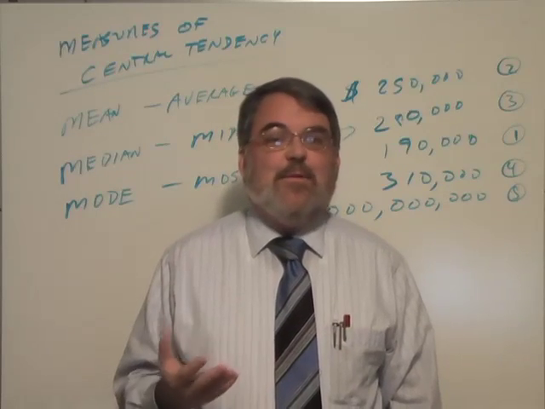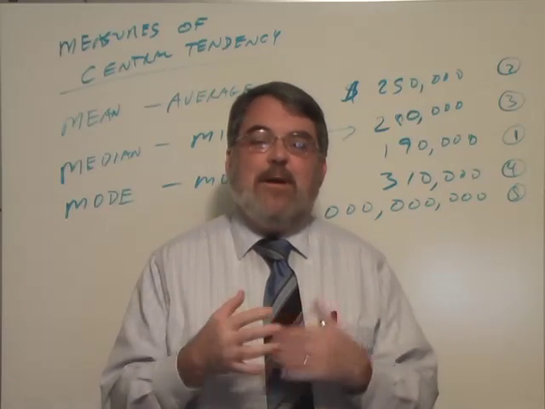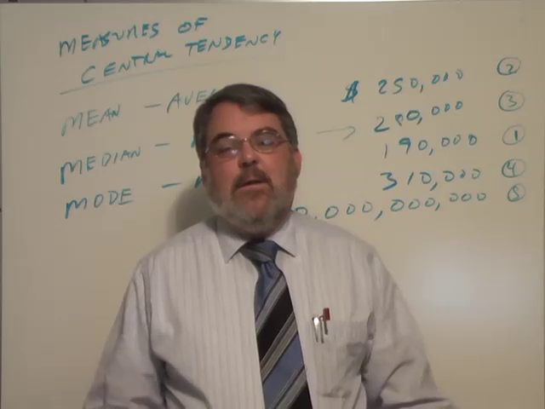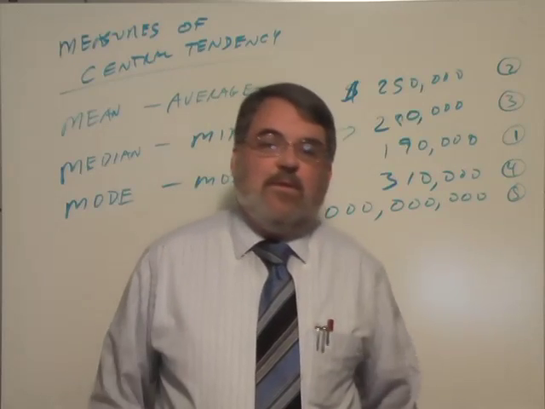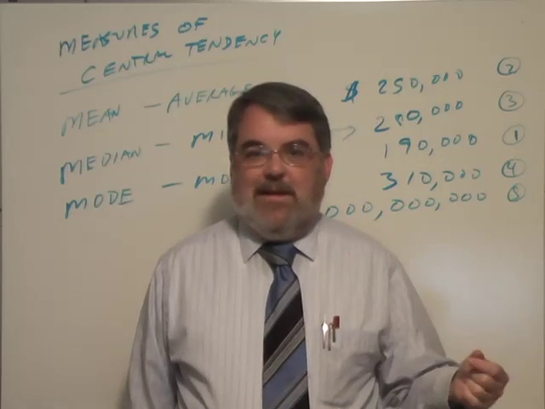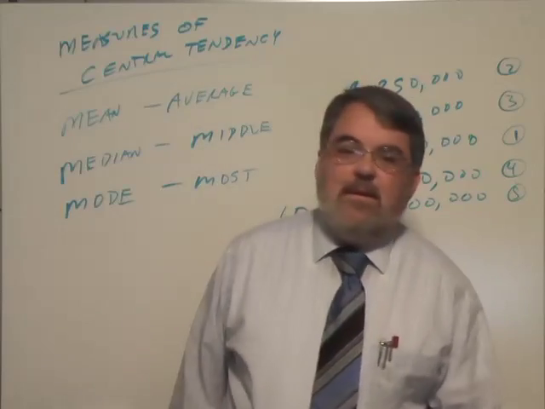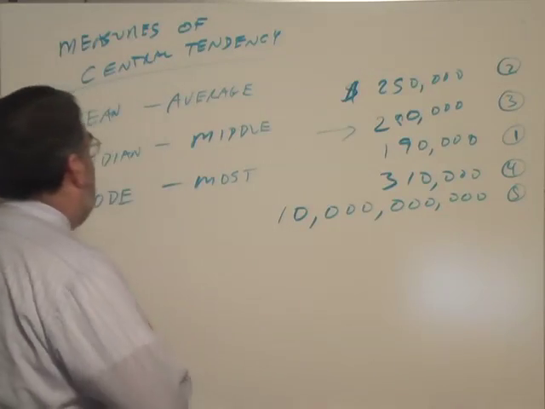It's because there's no formula for median. There's only a process for finding it, but there's no mathematical formula. Therefore, there is no way to use it in any theorem. So we can't compute with the median. All we can do is just describe data with it. All right, so that's a measure of central tendency.